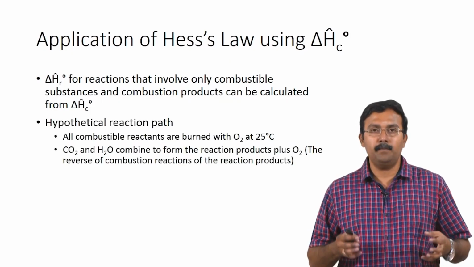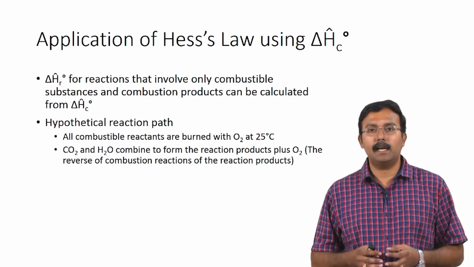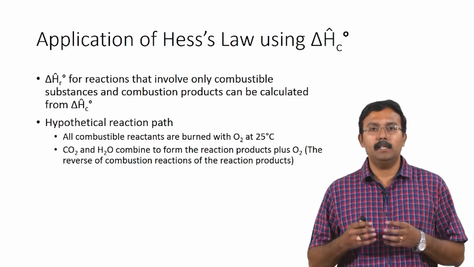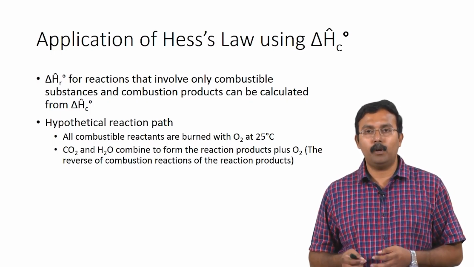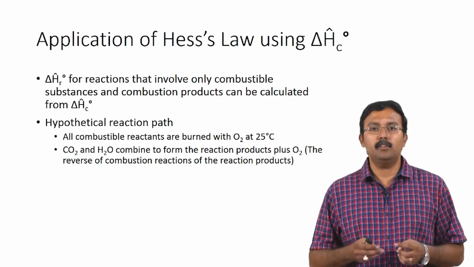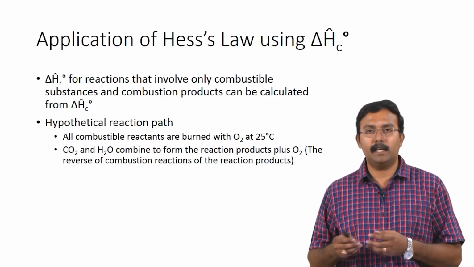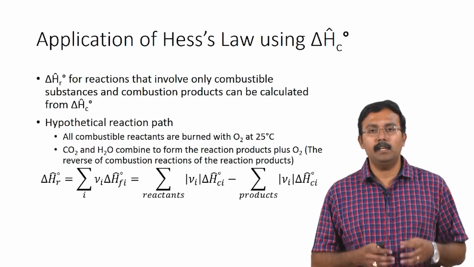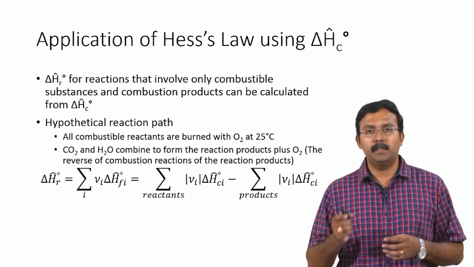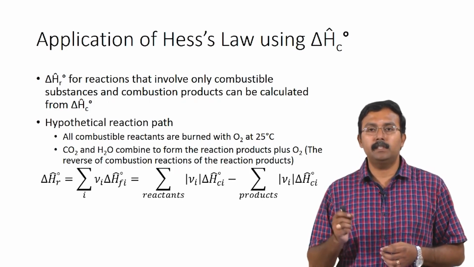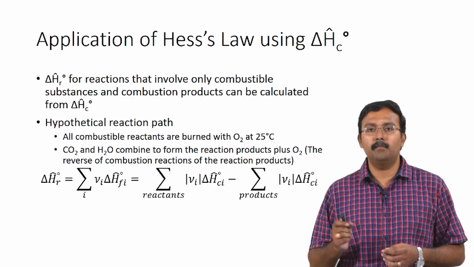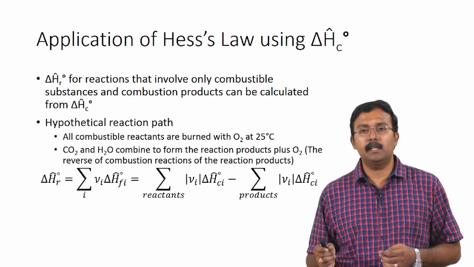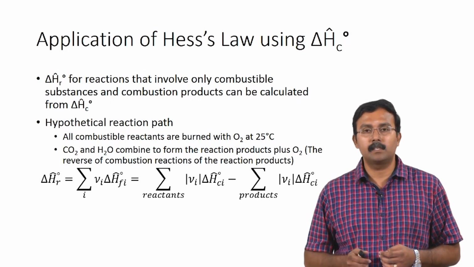So, you can create a hypothetical path where all combustible reactants are burnt with oxygen at 25 degrees Celsius, carbon dioxide and water combine to form the reaction products plus oxygen, the reverse of combustion reactions of the reaction products, and therefore, using this assumption we can calculate the heat of reaction as the summation of the stoichiometric coefficients times heat of combustion for the reactants minus the summation of the stoichiometric coefficients times the heat of combustion of the products.